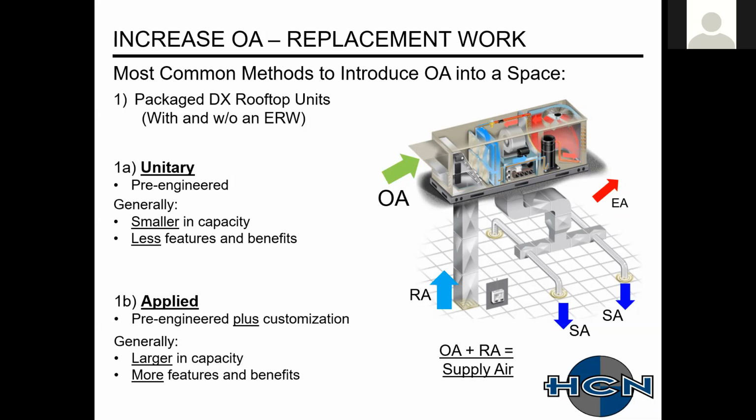What we're going to talk more so about today is applied rooftop units, where obviously some of the information or items in there are pre-engineered, but they do have many more options available to customize for your application. And then generally they're larger in capacity. And then along with that customization, they typically have more features and benefits that are benefits obviously to your maintenance staff, your operations, your energy, et cetera, like that.